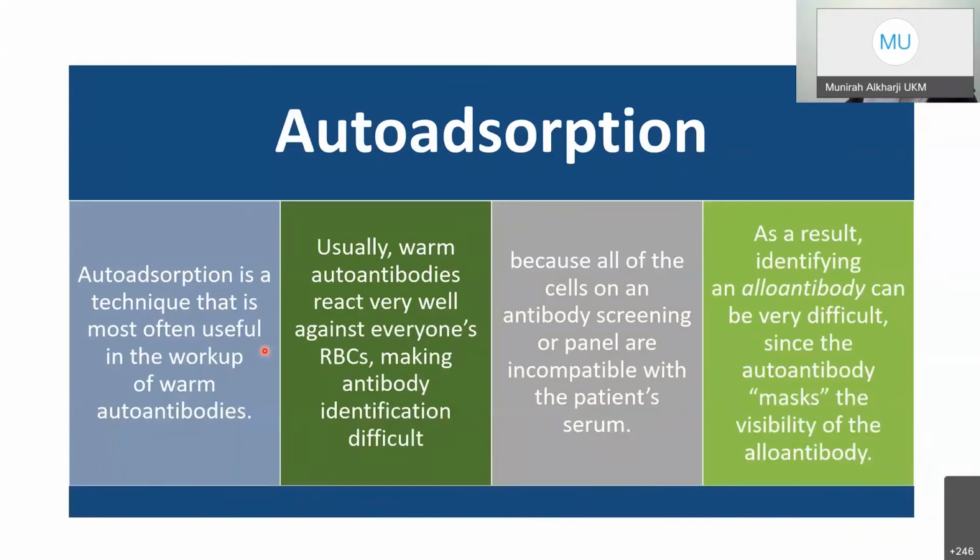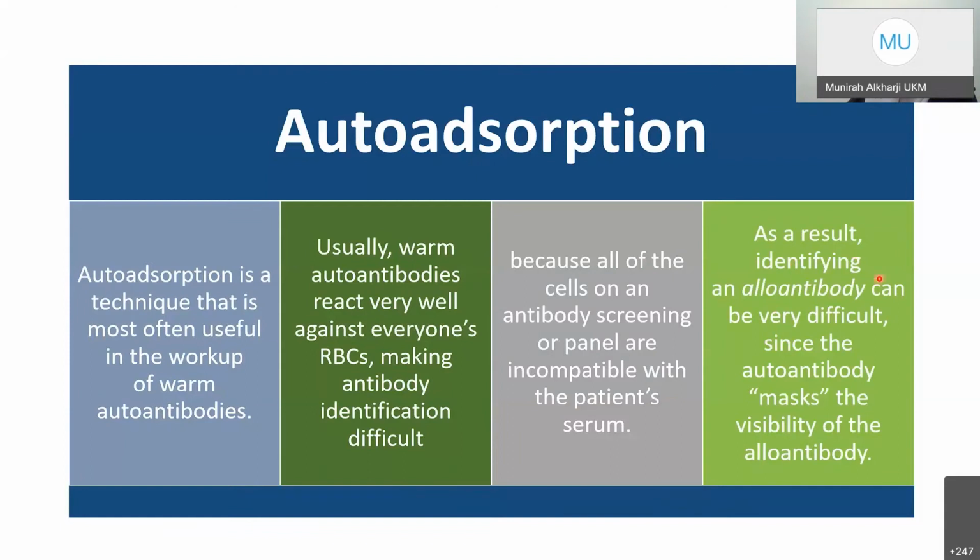So autoadsorption is a technique that is most often useful in the workup of warm autoantibodies, because it's at 37. Usually warm autoantibodies react very well against everyone's red blood cells, making antibody identification difficult because all of the cells on an antibody screening panel are incompatible with the patient's serum.